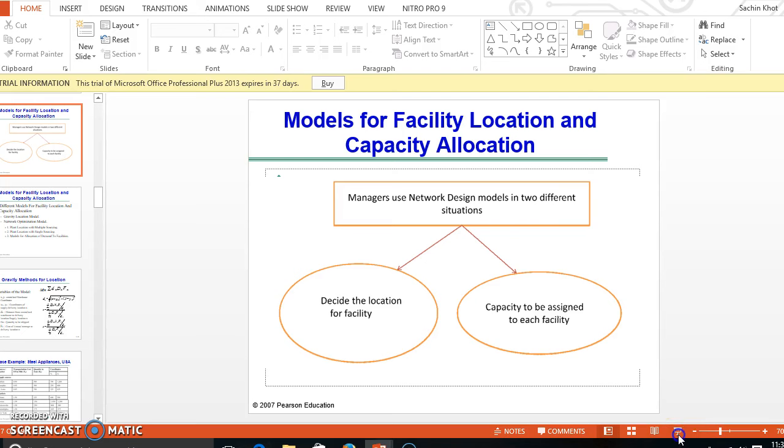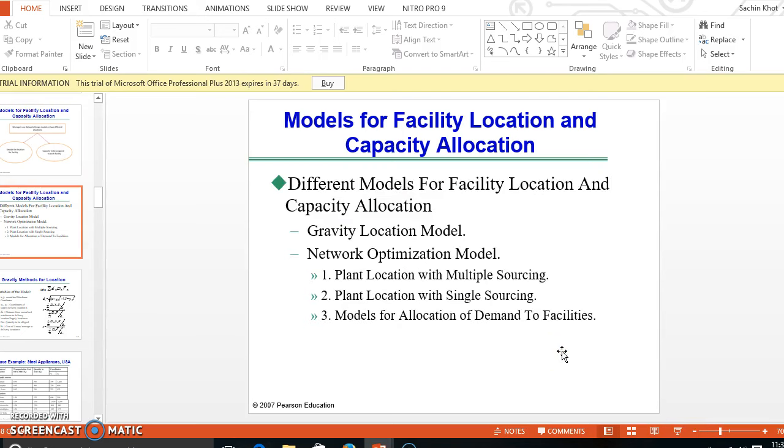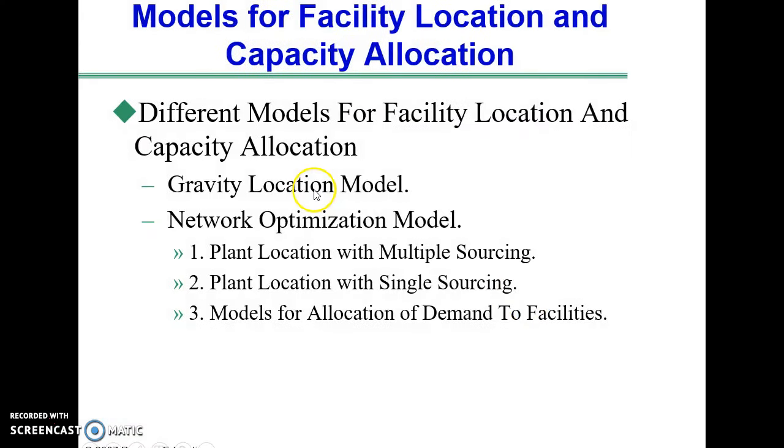Now, if you go further, there are different models which are used for facility location as well as for capacity allocation. The first model is called the gravity location model, which is mainly used for facility location, and then there are network optimization models.